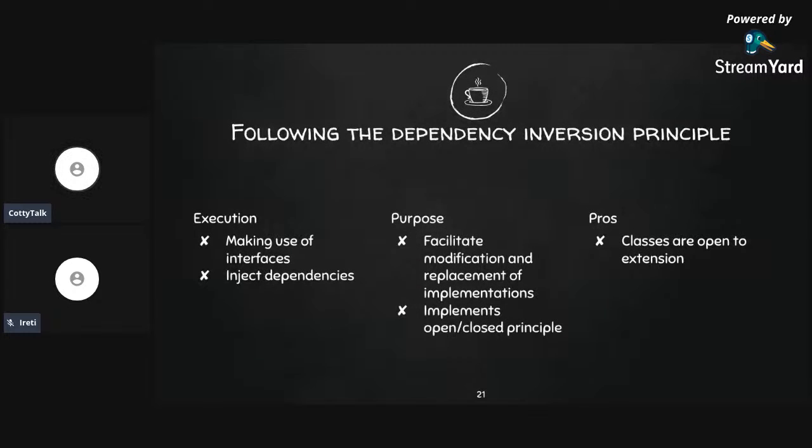So the dependency inversion principle makes use of interfaces, and you have dependencies in it as well. It facilitates modification and replacement of implementations. So classes are open to extension. You only extend them, you do not modify them, you don't update them whatsoever. And it implements more than just the open-closed principle. It implements the Liskov substitution principle as well.